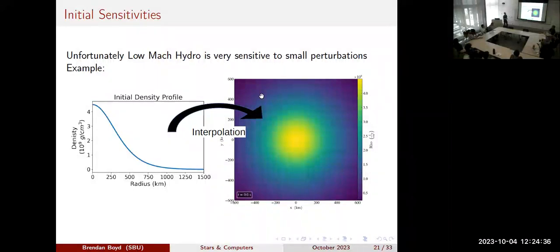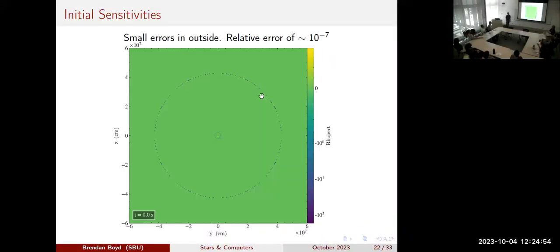So we'll have something like a density profile that's changing with radius, and we can just map it onto our 3D grid, which is Cartesian based. And we do this with some kind of interpolation scheme. And as long as we're careful, there's no issues at all. But if we're not super careful, we end up with some small errors in some places.